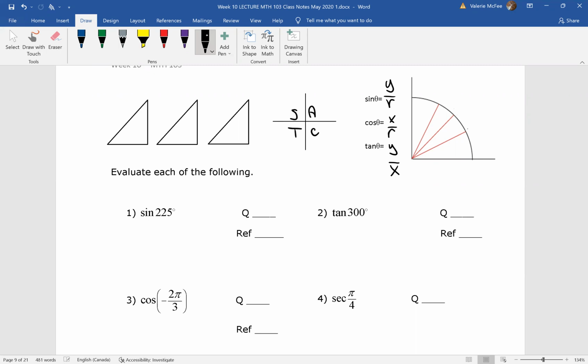Well, I know that that's going to be in quadrant 3. I know that my reference angle is 45 degrees. So I can fill in this triangle here. And sine is y over r, 1 over root 2.